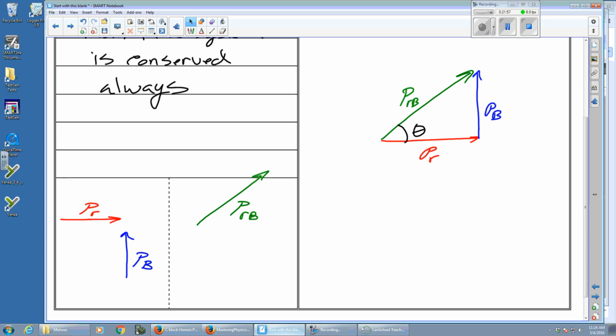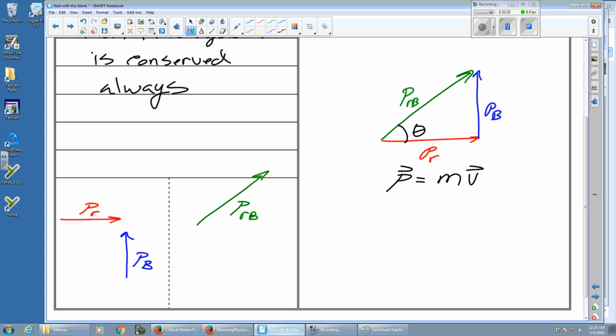So, see, what do I know? Well, I know an equation that says that momentum is inertia times velocity, right? What do I know about the red car before the collision? Mass and speed.